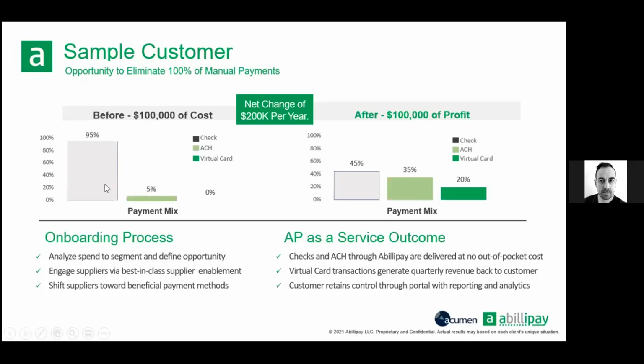And so we can actually shift cost out of AP by driving payments away from these methods, taking it off of your plate, and then adding revenue back in through things like virtual card. And so you take cost away, you add revenue back in, real hard cost, real revenue straight to P&L. You have a pretty nice shift in your outcome.